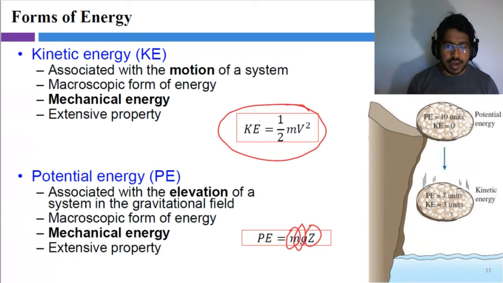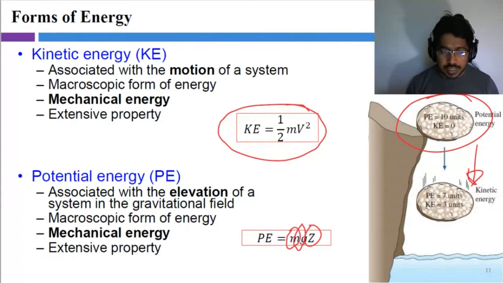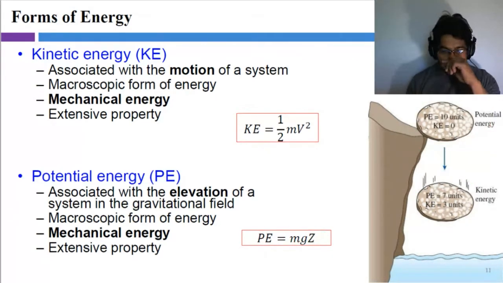So if this rock that you see in the slide falls down, your potential energy can be converted into kinetic energy. This is the stuff that you already know, very clear, right?